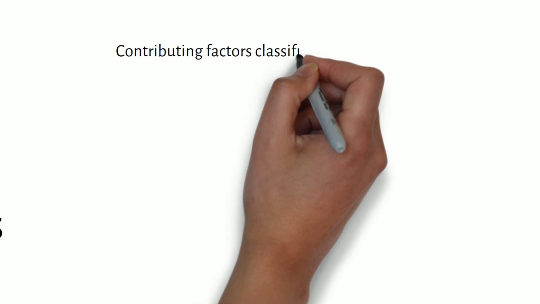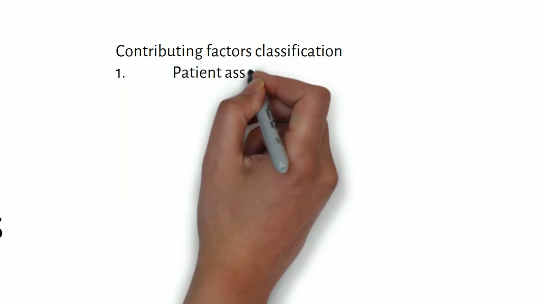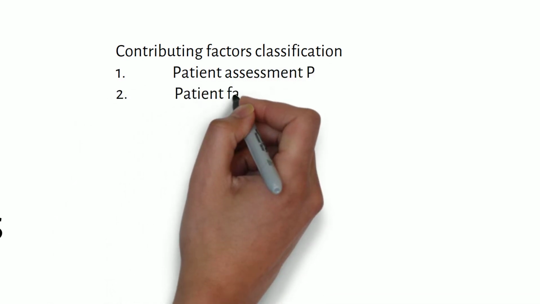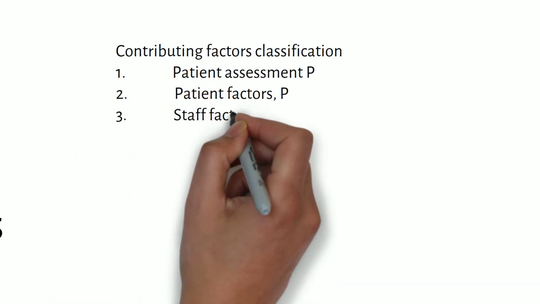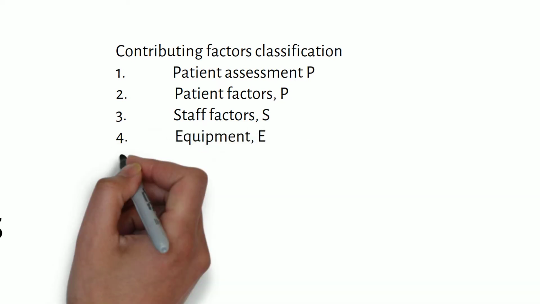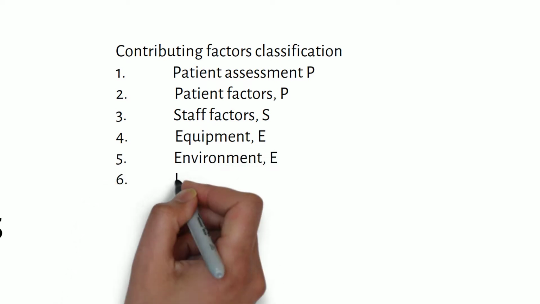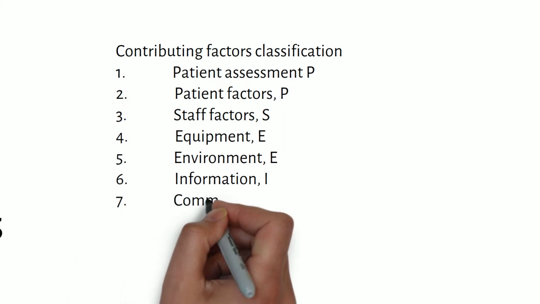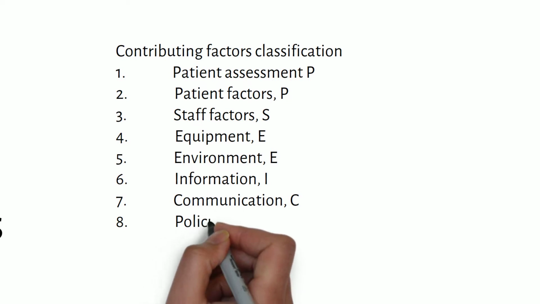The factors which contribute to incidents can be classified as follows. These are 9 broad categories of assessment. These include patient assessment, patient factors, staff factors, equipment, environment, information, communication, policies and procedures, and coordination.